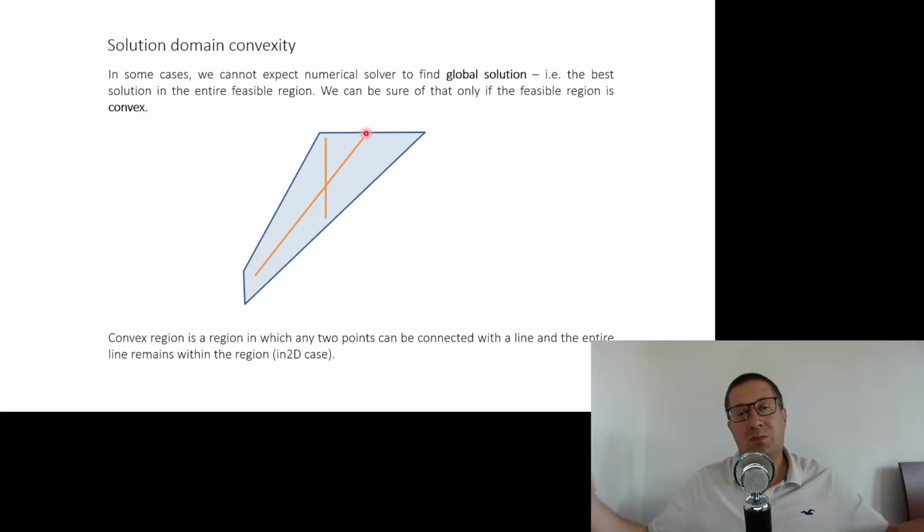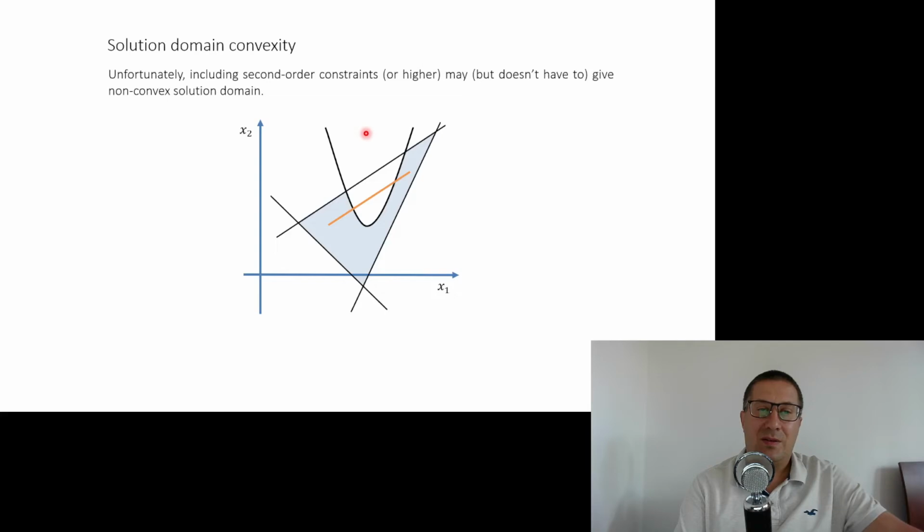In the 2D case. This is a non-convex solution domain, right? Because we take this point and this point, and not the whole line is within the feasible region.